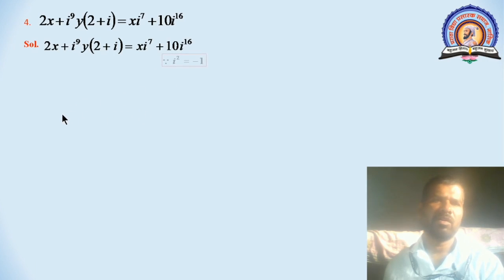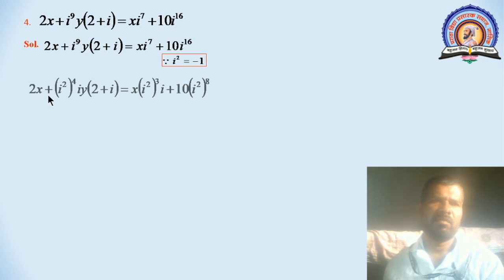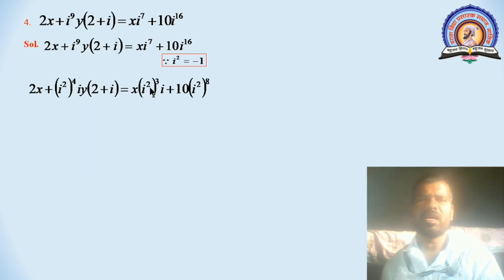Therefore we have 2x plus (i square raised to 4) into i y, because i square raised to 4 is 8 into 1 is 9, y into (2 plus i) is equal to i raised to 7, which can be written as (i square) cube into i, which is 6 into 1 is 7, and i raised to 16 as (i square) raised to 8.